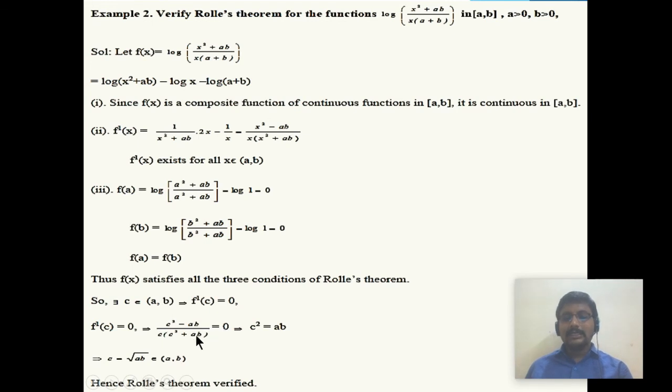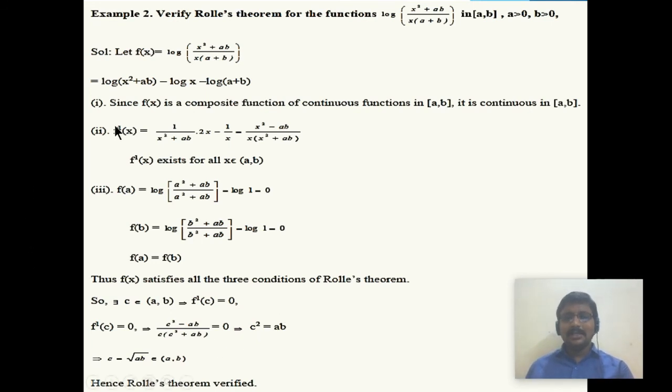Taking cross multiplication, we have c square minus ab equal to 0, which implies c square equals ab. Thus, two values of c exist here, that is plus or minus root of ab. But clearly plus root of ab lies in the open interval (a, b). Hence, Rolle's theorem is clearly verified.